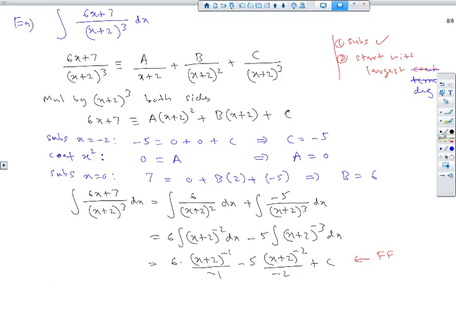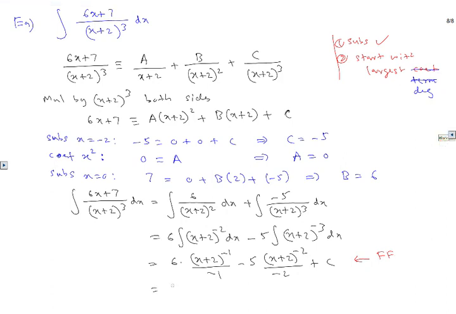Then you can write the final answer: negative 6 over x plus 2, plus 5 over 2 times x plus 2 squared, plus c. So that is the integral.